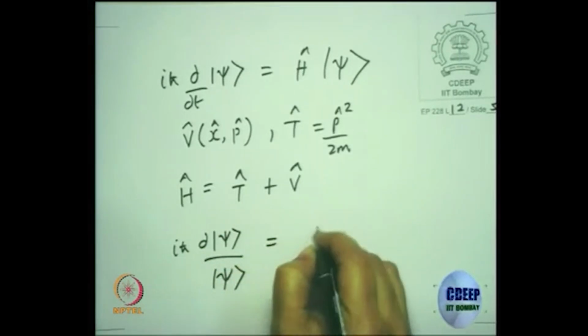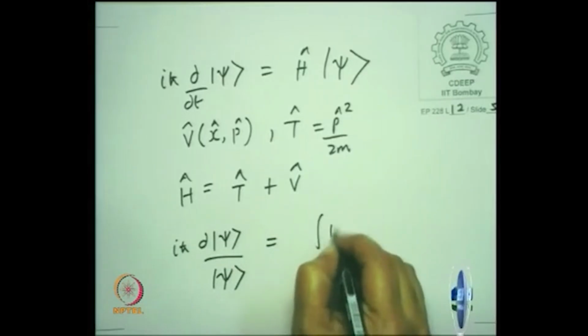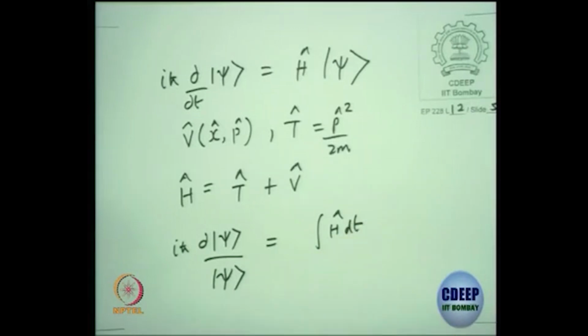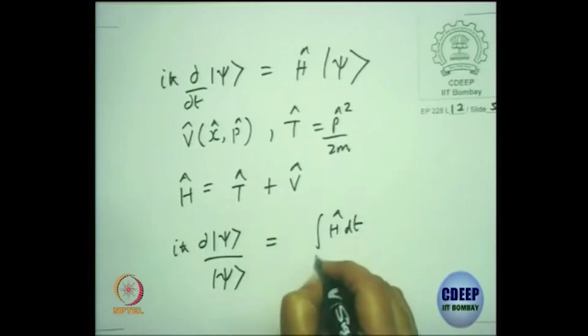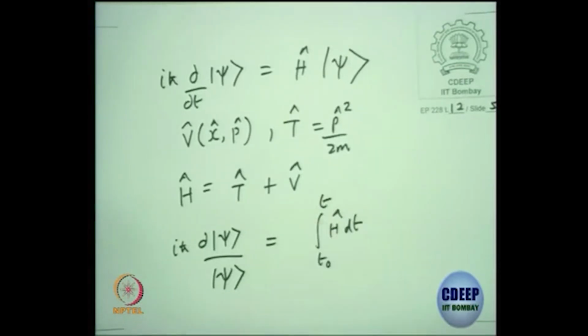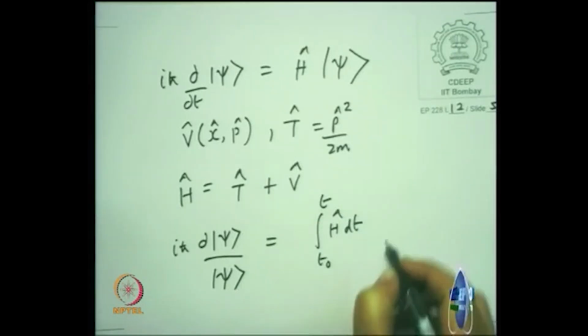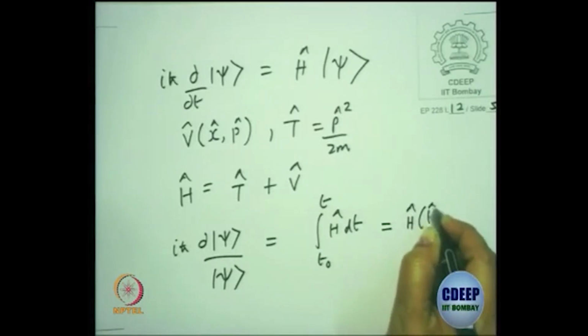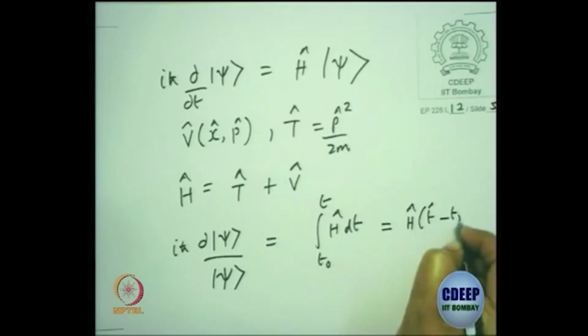So, in such cases I can write i h cross del psi by psi to be the integral of H hat dt. H is independent of time, I can pull it out and go from t naught to t, and that will give you H (t minus t naught).